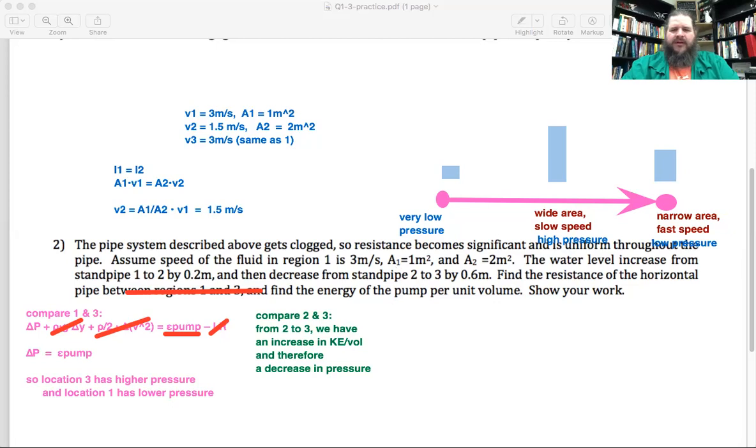So if we take density for water, 1,000 kilograms per cubic meter, times gravity, round that off to about 10 meters per second squared, times the difference in height, 0.2 meters, that'll be the difference in pressure.